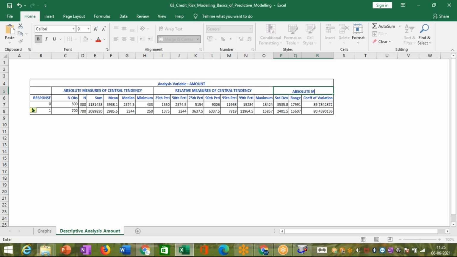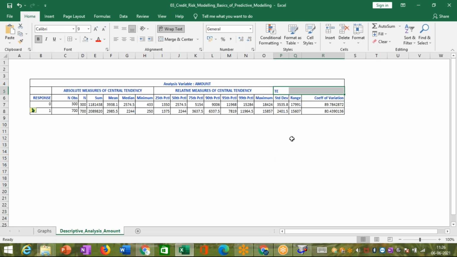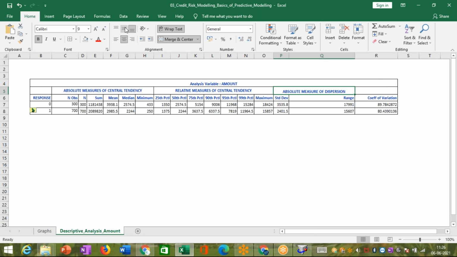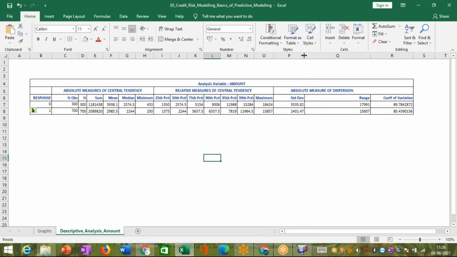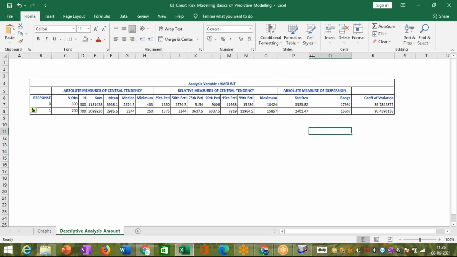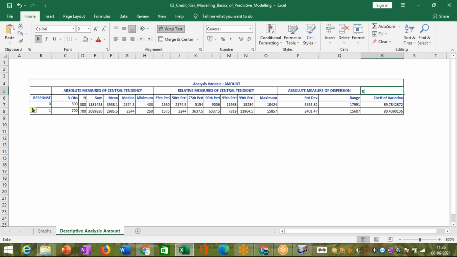So absolute measure of dispersion. And over here, I have the relative measures of dispersion.